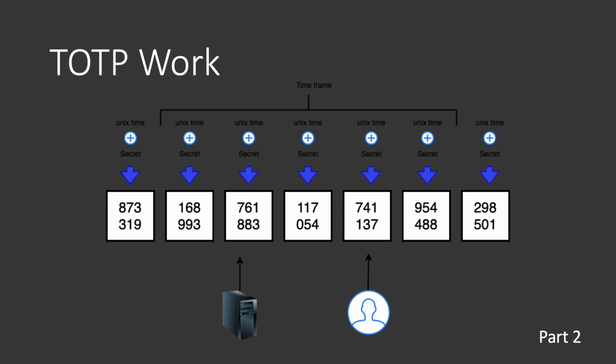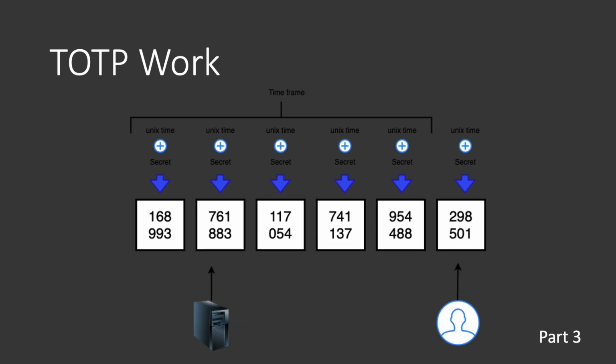So within that time frame, if the code is generated from a mobile device and it maps to the Unix time that the server has, so it's within that time range between the two, it will allow me to log in. But in case it's outside that time frame, what can I do?